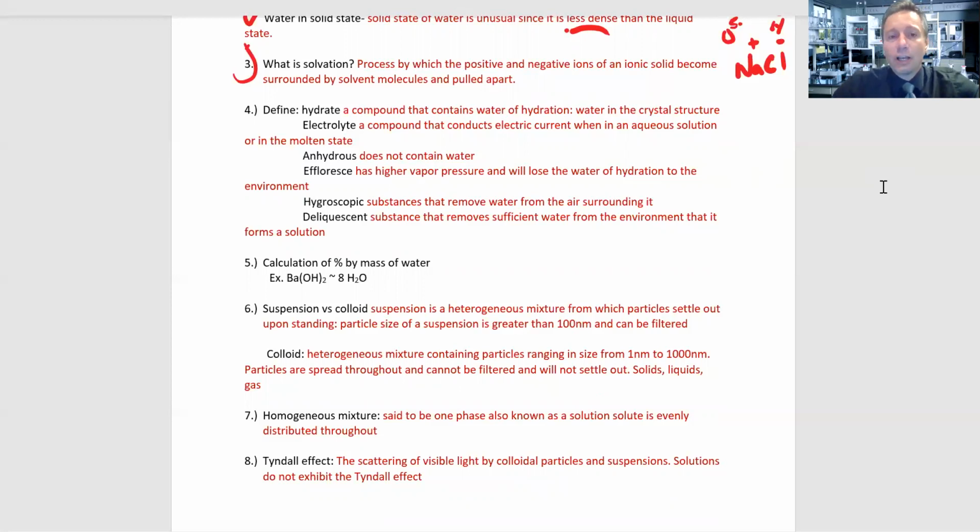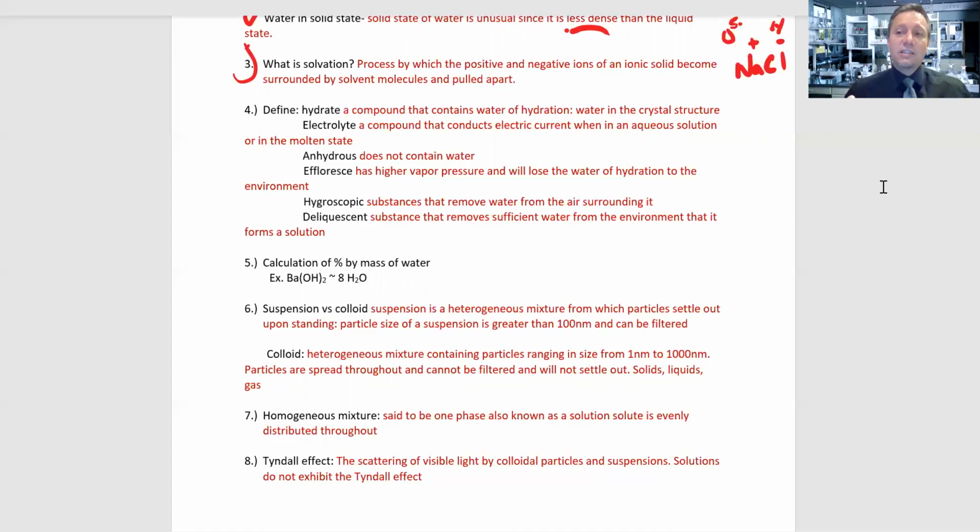Next, we have an electrolyte. An electrolyte is a compound that conducts electric current when in an aqueous solution or it's in a molten state. When you talk about electrolytes, ionic compounds are electrolytes. And it only conducts when it is dissolved in water or melted.